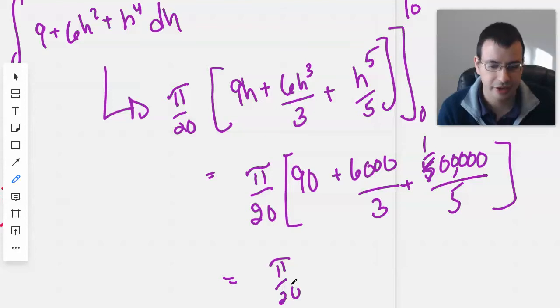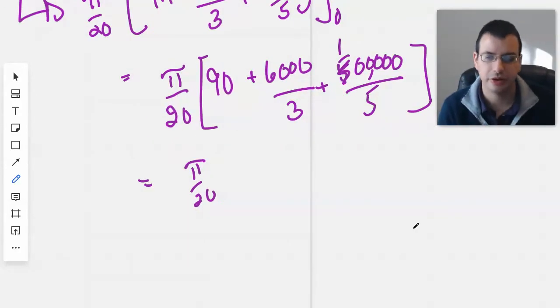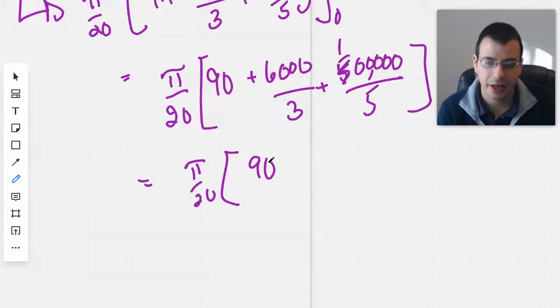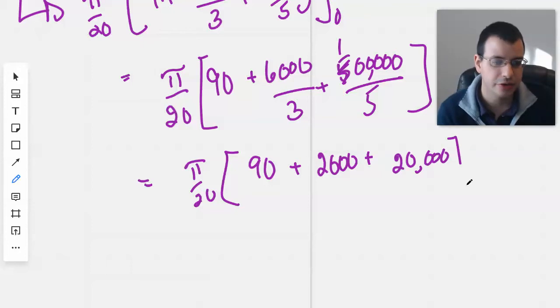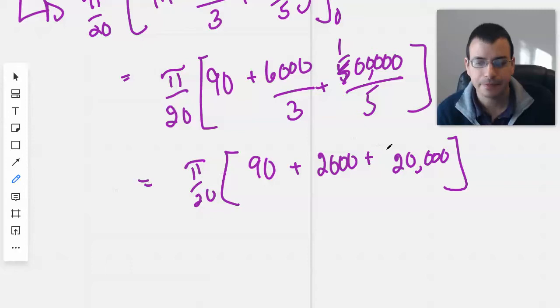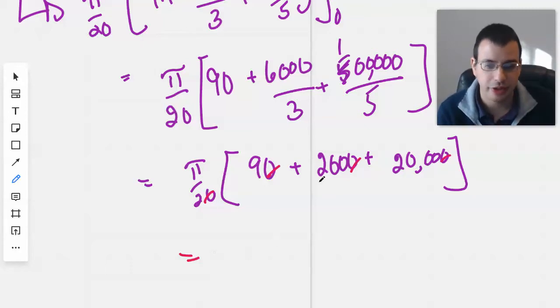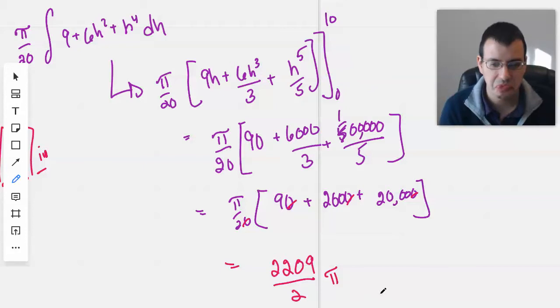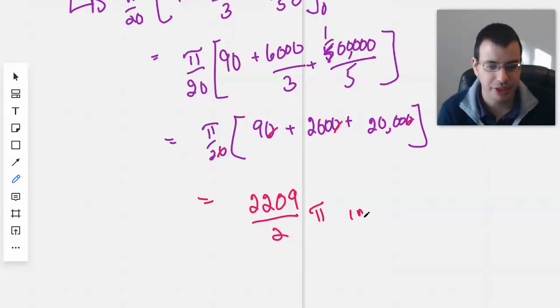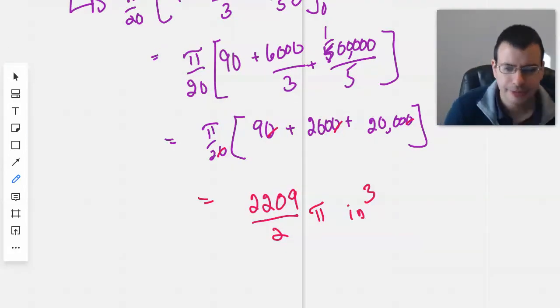Simplifying life slightly, we'll go with 90 plus 2,000 plus 20,000. Take off a 0. And we're left with 2209 over 2 pi. Yeah, that worked out pretty well. And this will then be inches cubed.